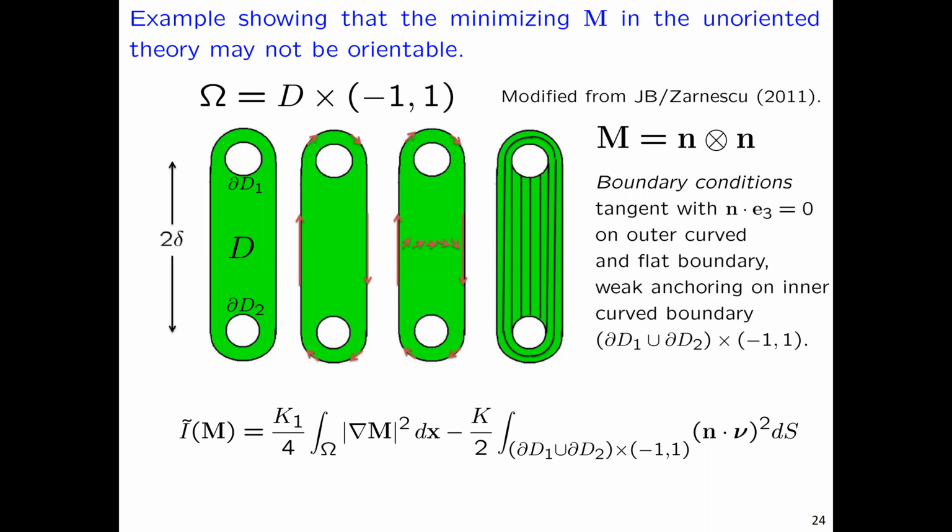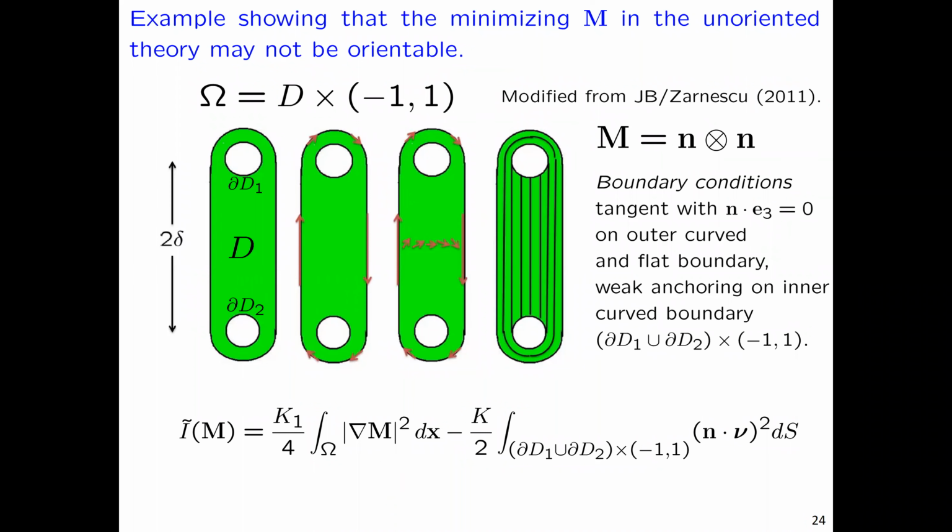So here it's an integral over that surface times n dot nu squared. So that's, if you like, M nu dot nu, so it's expressible in terms of n. And you see that if K is large, then in order to minimize this, you want n to be parallel to plus or minus nu.